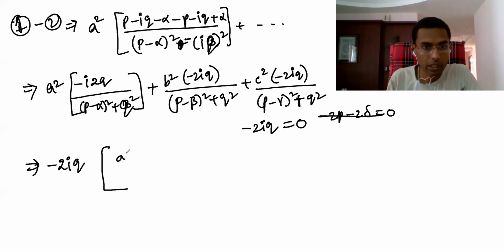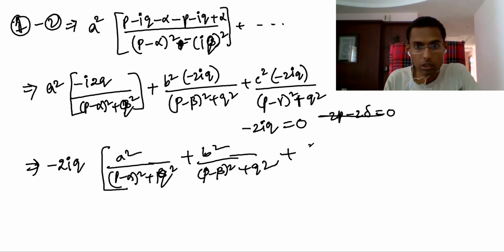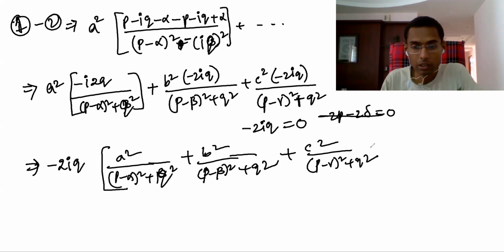What we get is here a square by (p minus alpha) whole square plus beta, this is q square, plus b square by (p minus beta) whole square plus q square plus c square by (p minus gamma) whole square plus q square. Here I have taken minus 2iq common, so plus 1 equal to 0. Hope you understand this one.